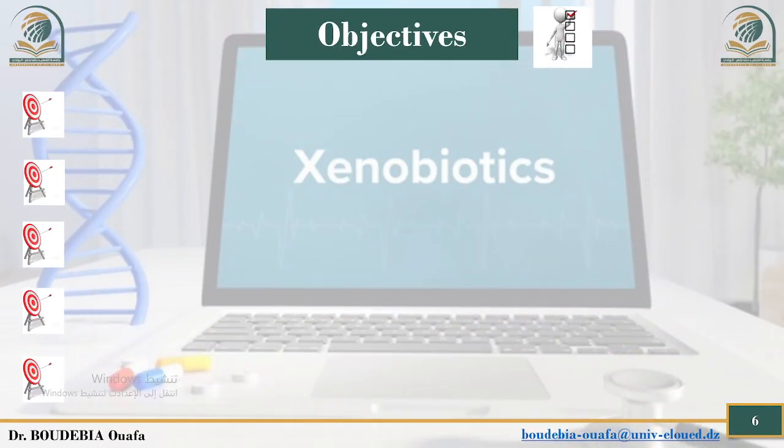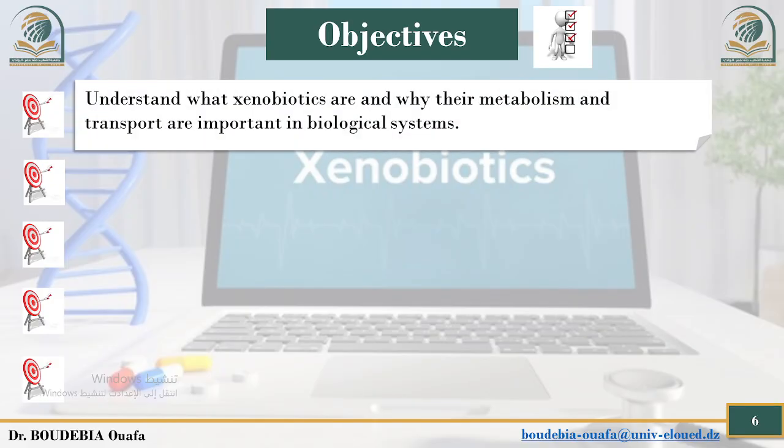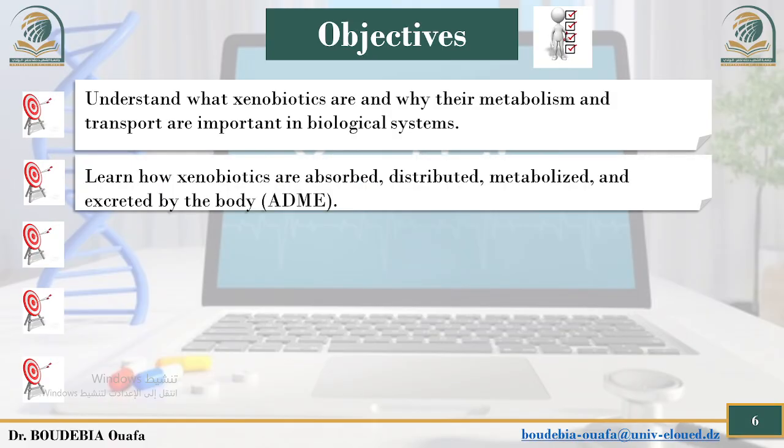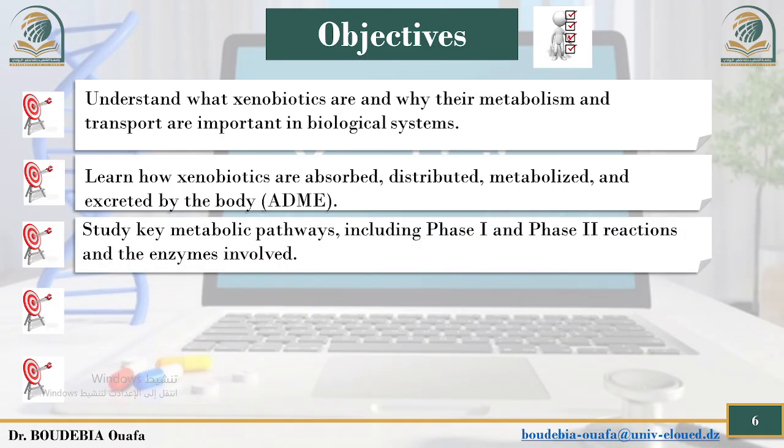And the objectives of this course are to understand what xenobiotics are and why their metabolism and transport are important in biological systems. Learn how xenobiotics are absorbed, distributed, metabolized, and excreted by the body by ADME process.